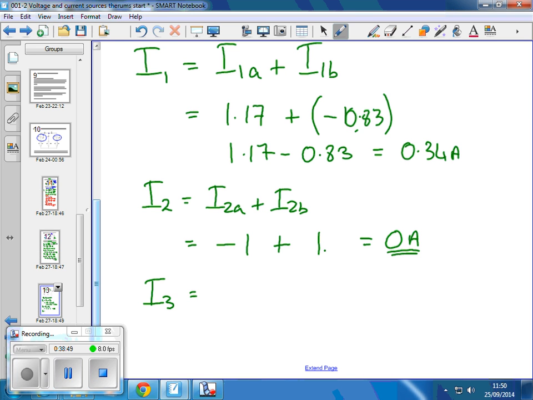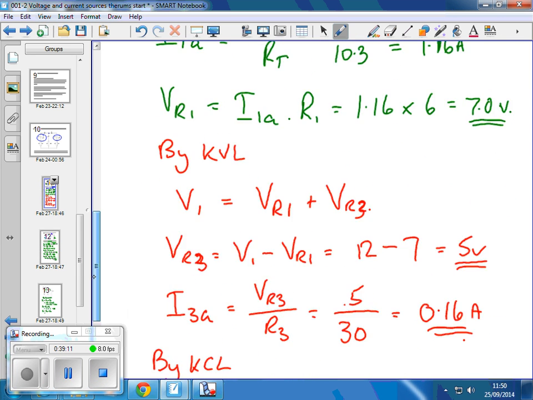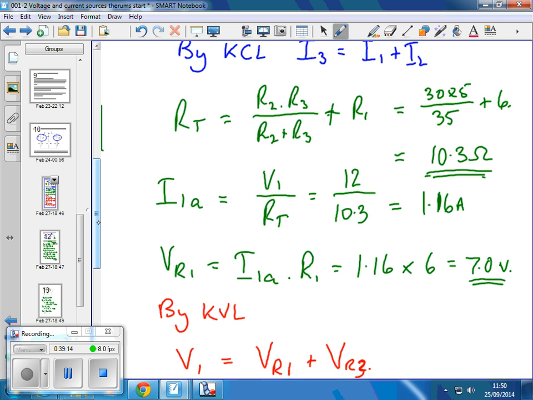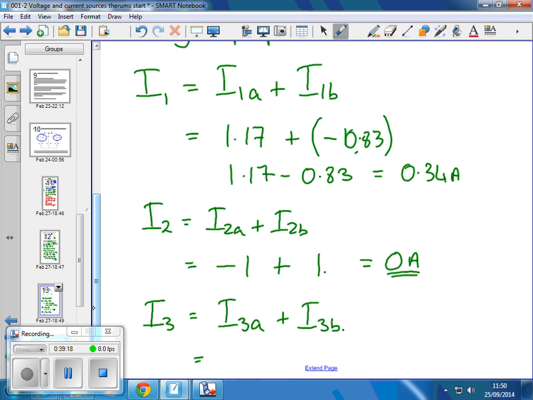I3, I don't remember it being like that, but we'll see. I3 is I3A plus I3B. I3A was 0.16 of an amp, plus I3B.